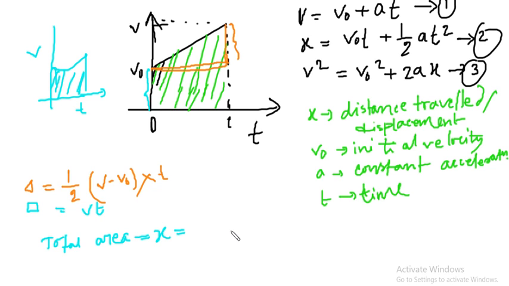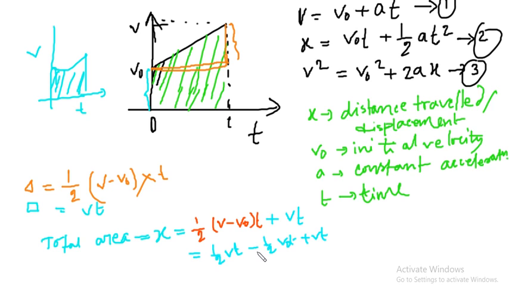So this area is half (v minus v0) t, and then plus v0t. So if we simplify this, we get half vt minus half v0t plus v0t.